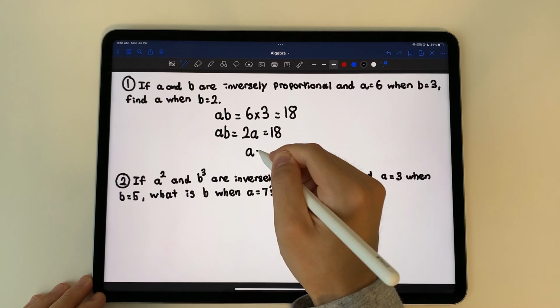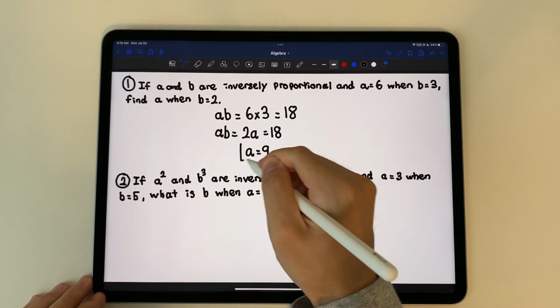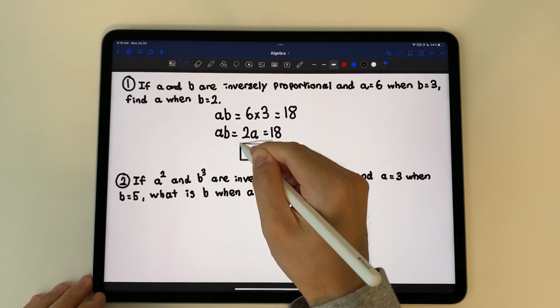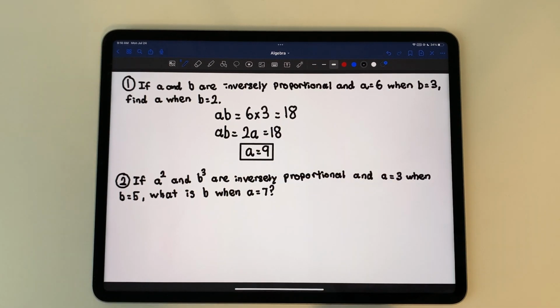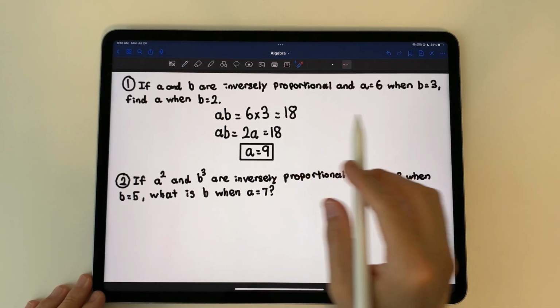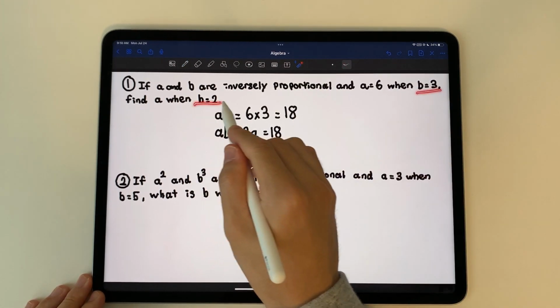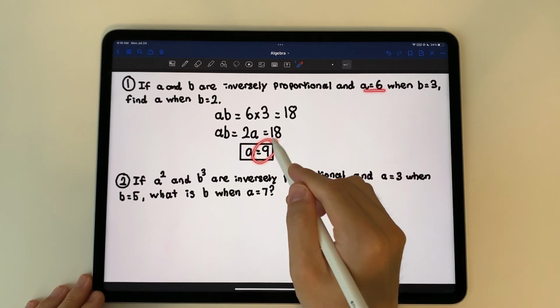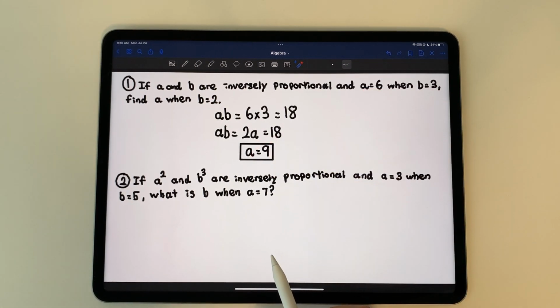And from here, A equals 9. And that makes sense. When this 3 dropped to a 2, well, now this 6 has to increase to a 9, just like we saw before.